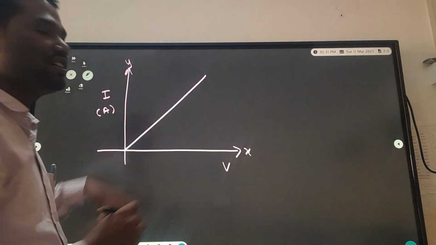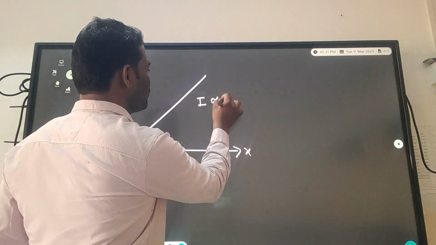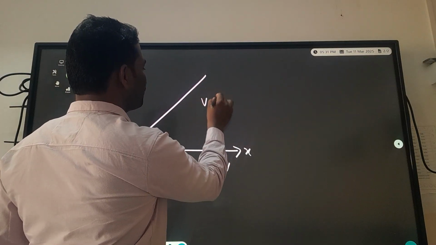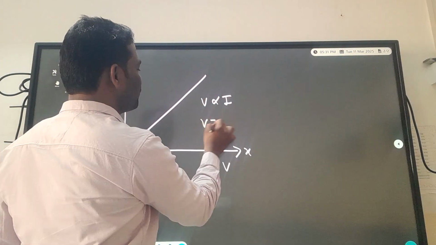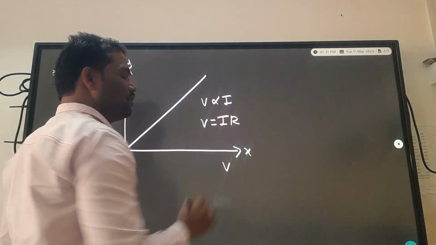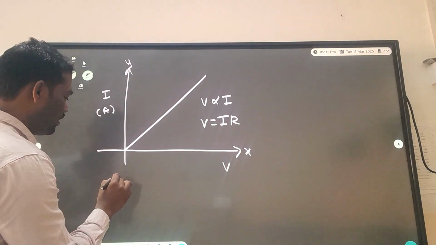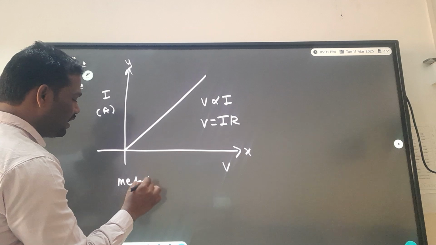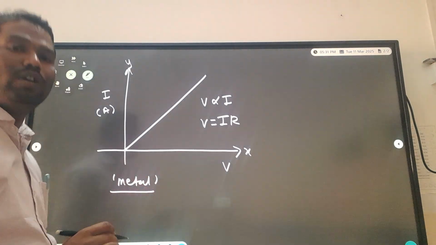What is the meaning of this graph? I is proportional to V, or V is proportional to I. So V = IR. A metallic conductor basically follows Ohm's law.